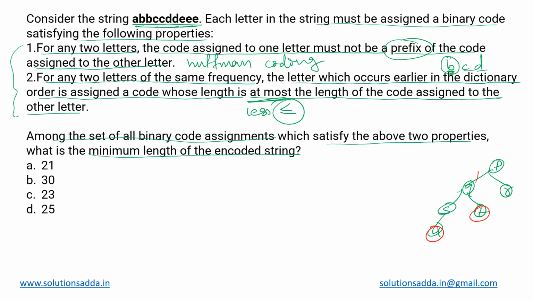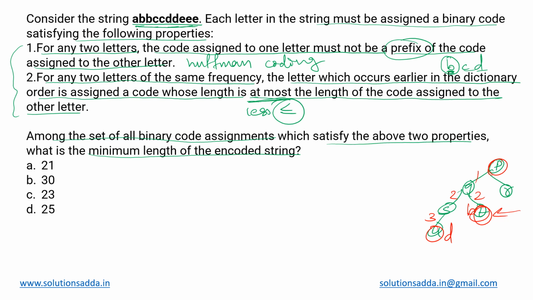It will be 1, 2 and 3. It will get a 3 length code because it is at a distance of 3 from the root. But this node T lies on the upper level from U. Both are leaf nodes, but T is on the level above, so it will get only a 2 length encoding. So from this, among B, C, D we'll have to place B over here and D at the bottom.